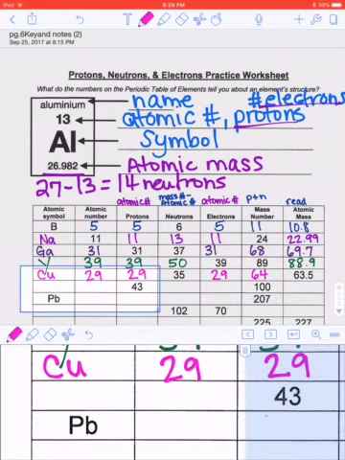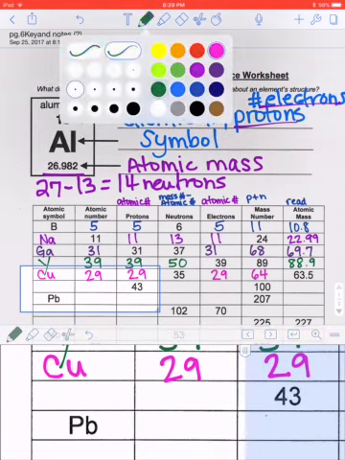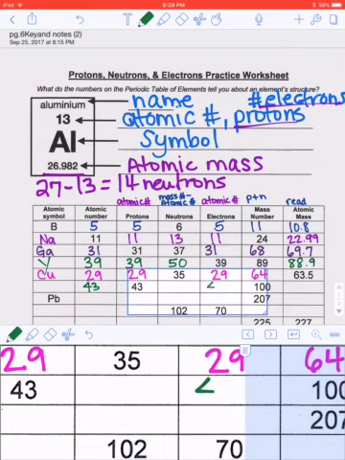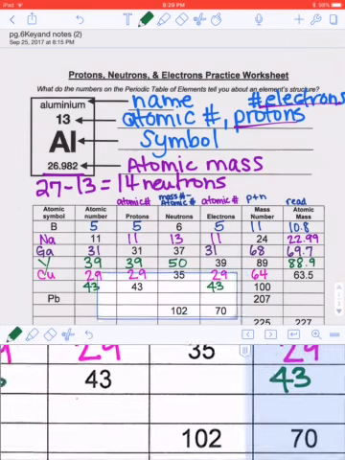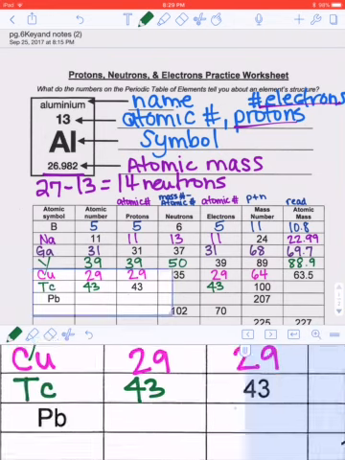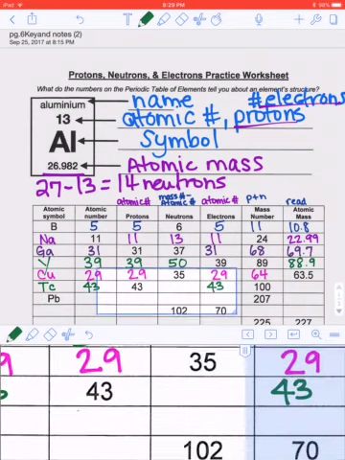Okay, two more. So protons, 43. That means its atomic number is... You got it. It is 43. That is also the same as the number of electrons. So, let's look for number 43. Number 43 is Tc, technetium. That is the lightest radioactive element. It's exciting. Most of them are a lot heavier.